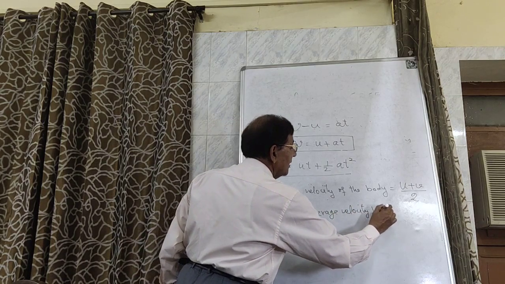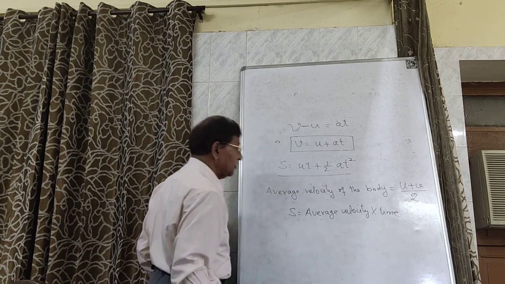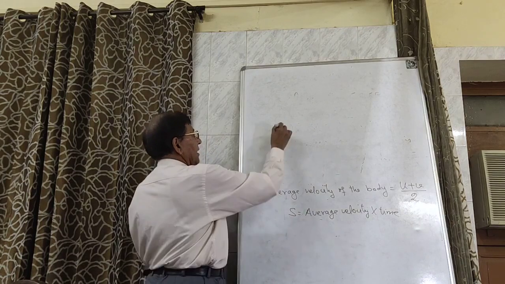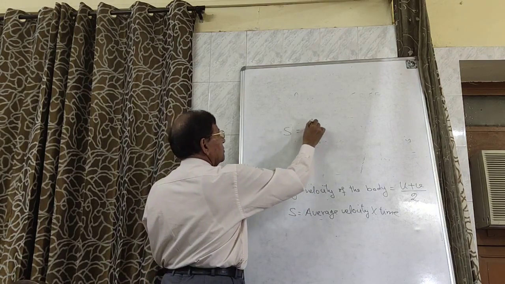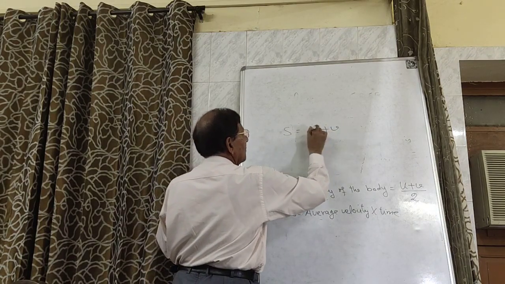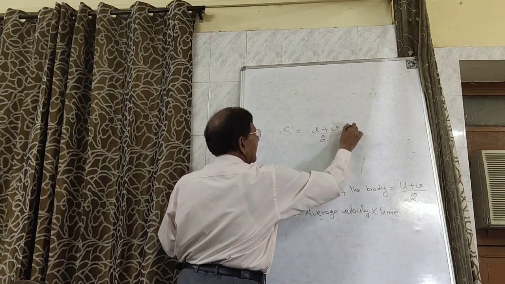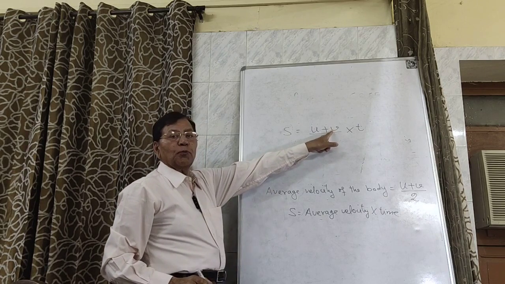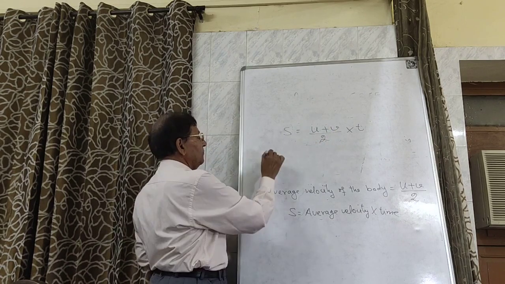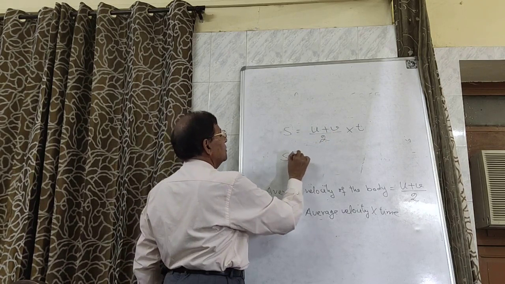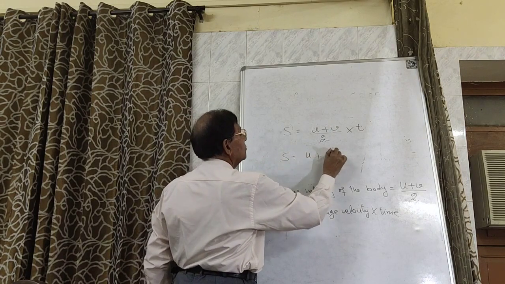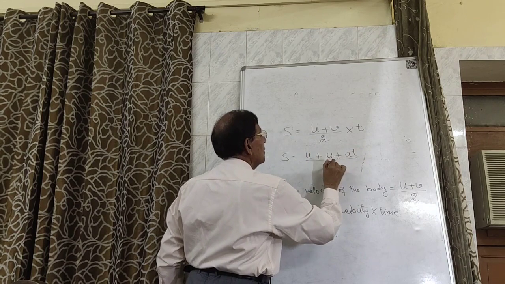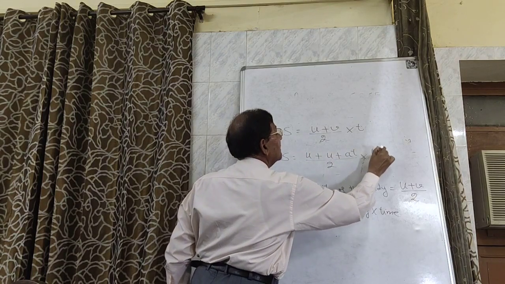That is, s equals average velocity, which is u plus v by 2, multiplied by t. But you know that v equals u plus at, and therefore s equals u plus u plus at divided by 2 multiplied by t.